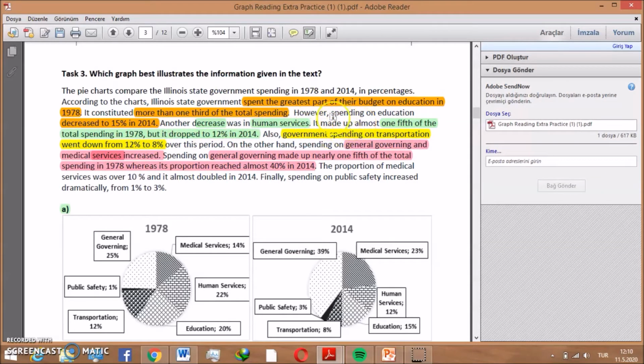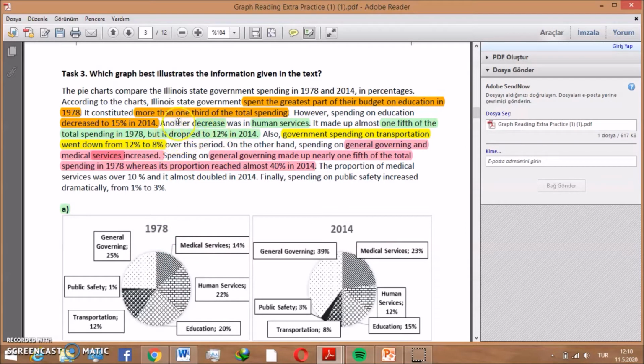Another decrease was in human services. It made up means constitute. They are the same. It made up almost 1/5 of the total spending in 1978. So 1/5 means something like 20%. So we need to check now. Human services, 20% here, and it decreased.